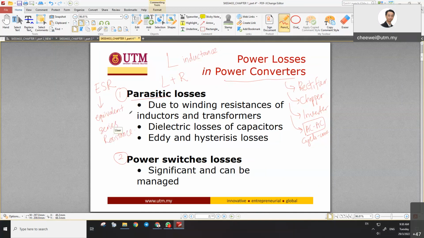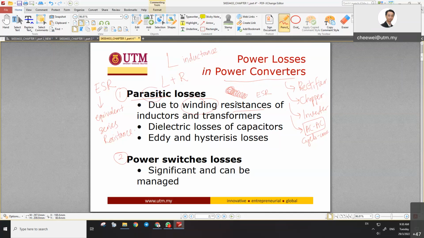ESR is equivalent series resistance. So it links to these parasitic losses. Inside the windings, like a solenoid, the material that you use to make the windings has resistance. So this resistance is ESR or parasitic.